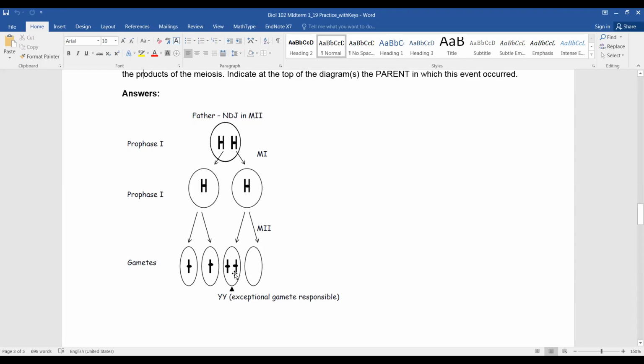They come together into the same gamete. So this gamete will carry two Y chromosomes. This is the gamete from the father. It joins the mom's egg to form a non-standard zygote with two Y chromosomes.